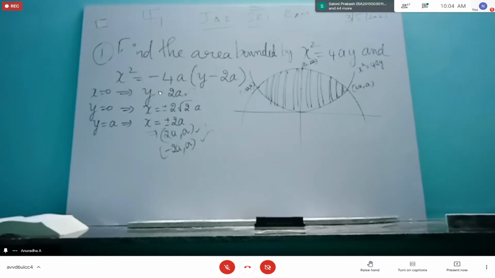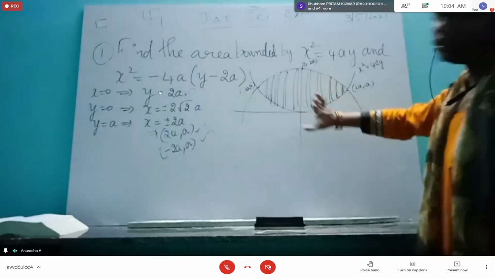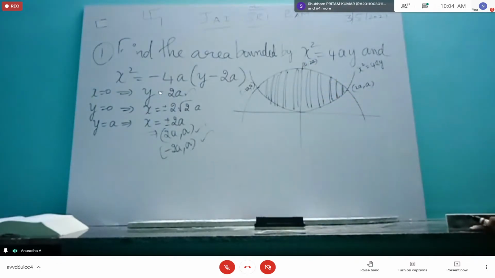Can we do it for one side and double it? Yeah, because it is symmetric in nature, we can do half of it. Actually, in the book they have also done 2 times the area in the first quadrant.